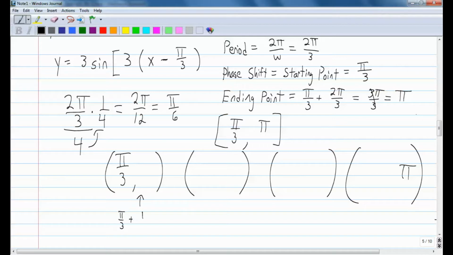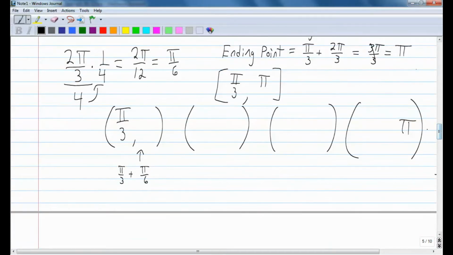So right here, in this position, this is going to be pi over 3 plus pi over 6. So you do need to get a common denominator to do that, which would be 6. 3 will go into 6 2 times. 2 times pi is 2 pi. Of course, this is still pi over 6. Alright, so I have 2 pi over 6 plus 1 pi over 6.